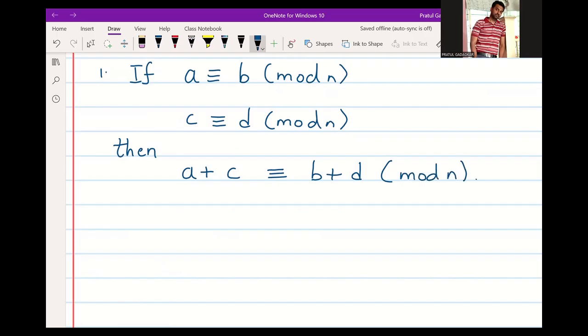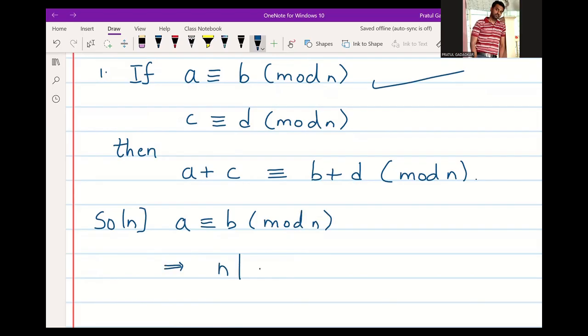The justification of this is very easy. A is congruent to B modulo n, which means that n divides A minus B. This is 1.